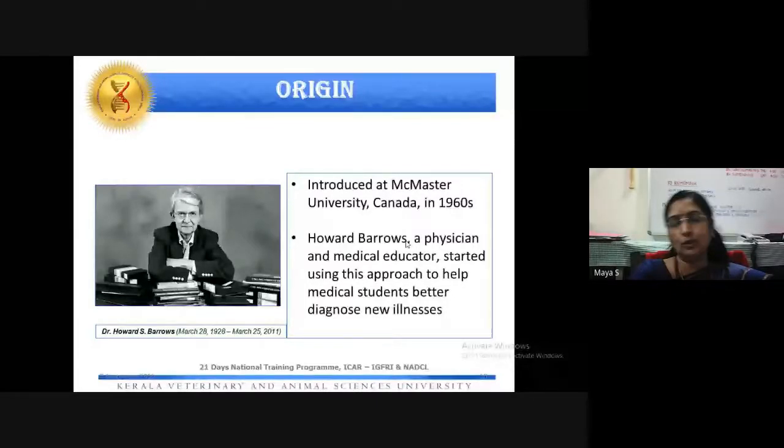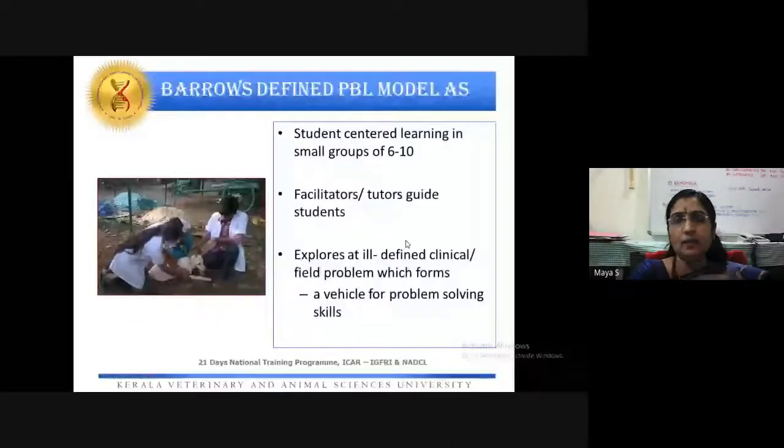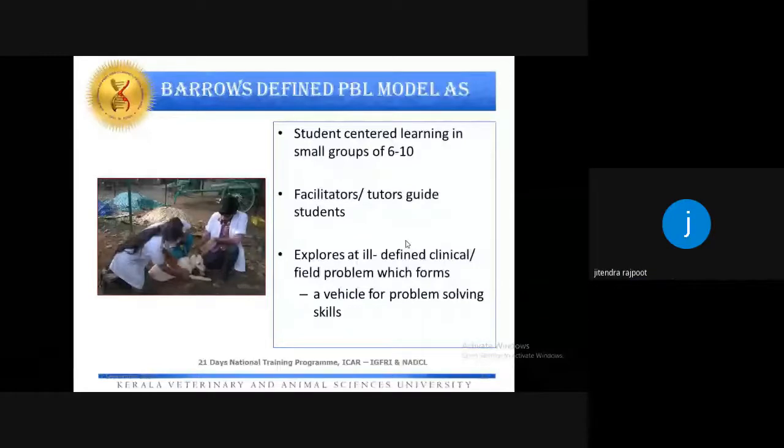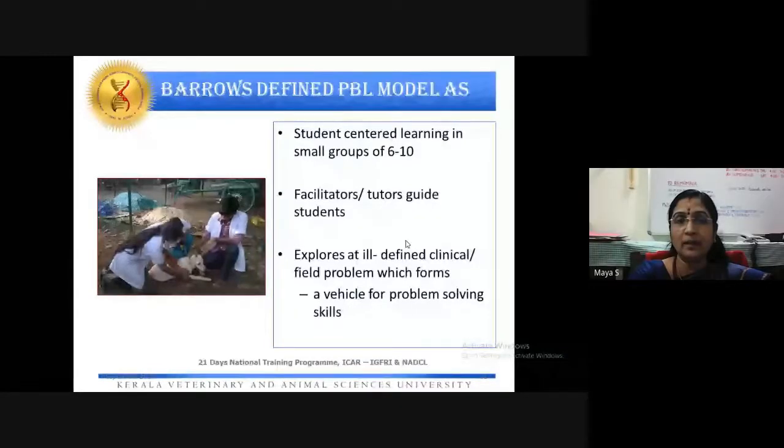So how will we introduce problem-based learning? We have to group the students into small groups, and the facilitators, that is the teachers, will be guiding the students. They will not be teaching or narrating lectures. They will only be guiding the students as facilitators, observing the students as they undergo this method of teaching.